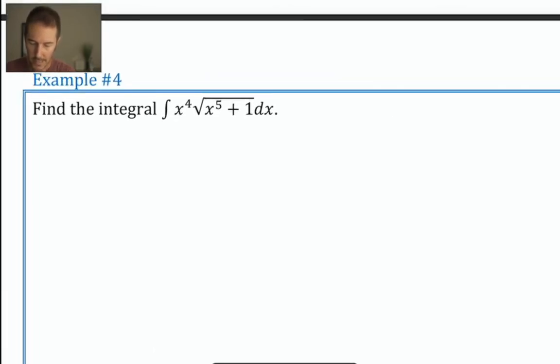So let's let u equal... Now, if you feel like you got the hang of this, pause the video right now. Try to evaluate this integral by yourself. Once you've got an answer, or if you get stuck along the way, then push play and see this thing play out, or just fast forward to the solution. But I'd love for you to start trying these by yourself if you're feeling capable already.